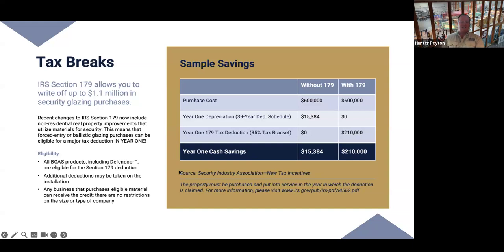So if there's an instance where a company is on the fence about being able to spend the money on a security project, this is something that can be given to their leadership and their accounting team, and they may be able to do the project based on the tax break that they will receive. Let's go on to the next slide.